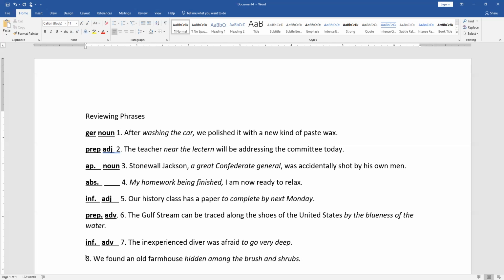Does it end in ing? So hidden is a verb. But it's not being used as a verb because found is our verb. So what do we call a verbal that acts as an adjective?